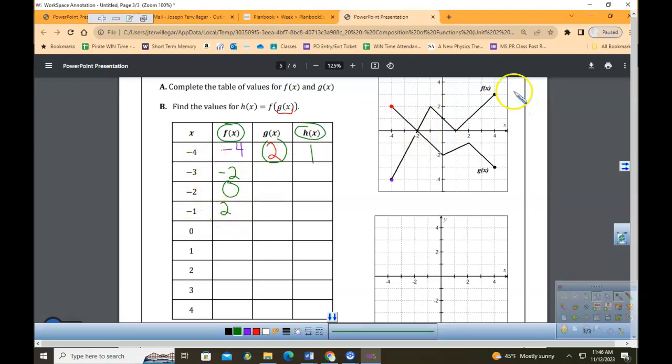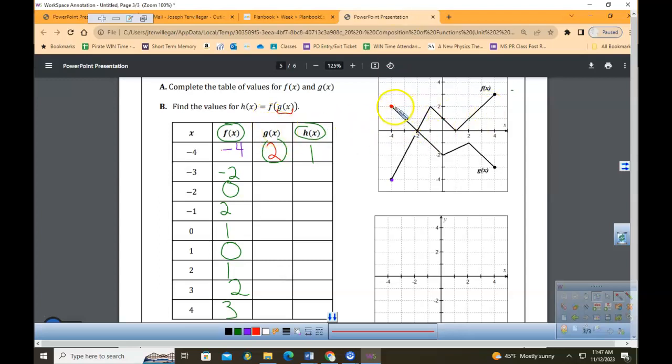I'm just plugging these x's into this graph. F of 0 is 1. F of 1 is 0. F of 2 is 1. F of 3 is 2. F of 4 is 3. Just straight looking at the graph.